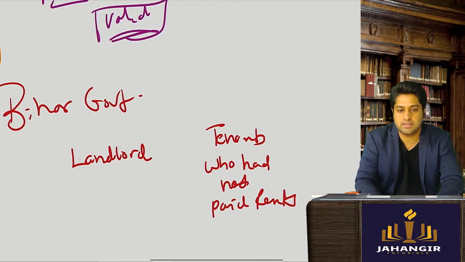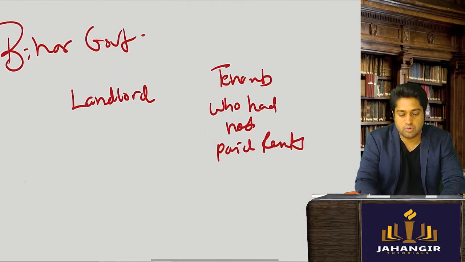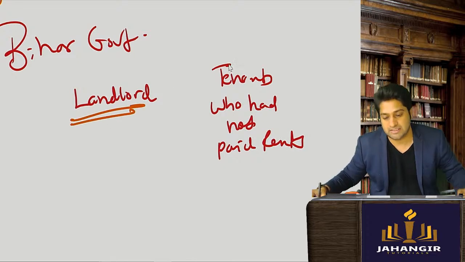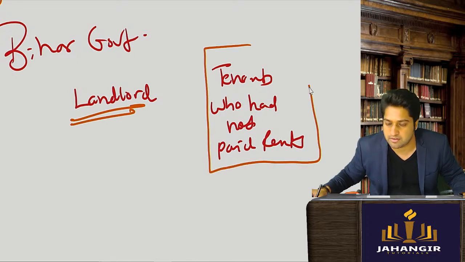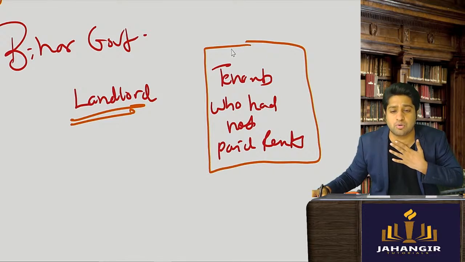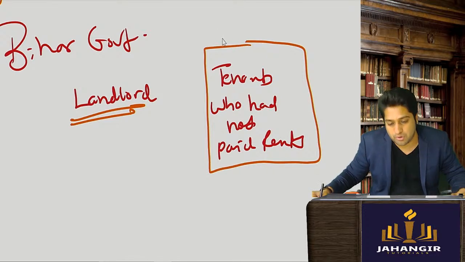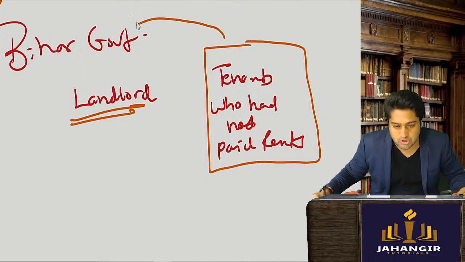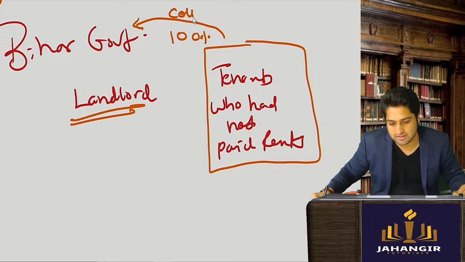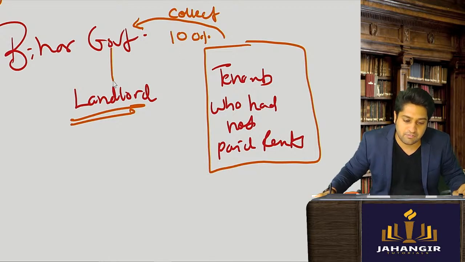So what did the Bihar government say to the landlords? These tenants have not paid your rent. Wait, we will collect for you. We will help you collect the money. We will collect 100% of the rent and we will give you 50% of the rent.